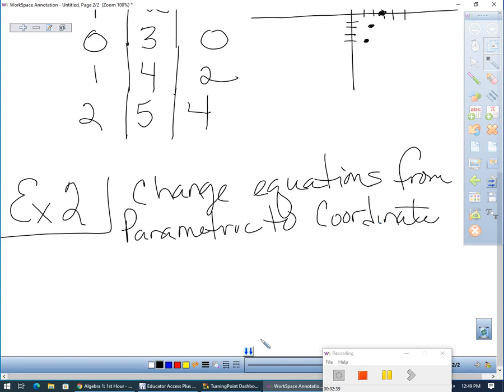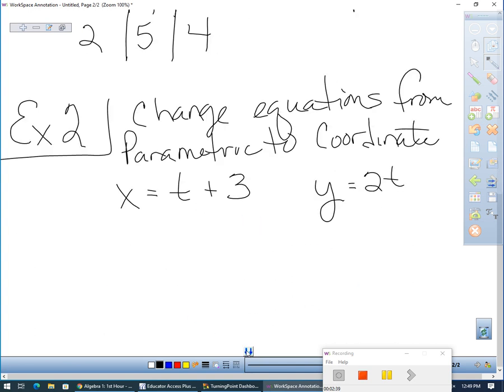Okay, so let's say those 2 equations I just had were x equals t plus 3 and y equaled 2t. So the idea is to eliminate t. So what we want to do is in the first one, get t by itself. So subtract 3, right? I have x minus 3 equals t.